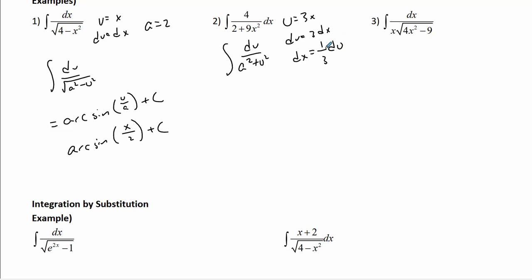That 1/3 is going to get pulled out, very similarly to how the formula actually is. And in this case, a is equal to the square root of 2.